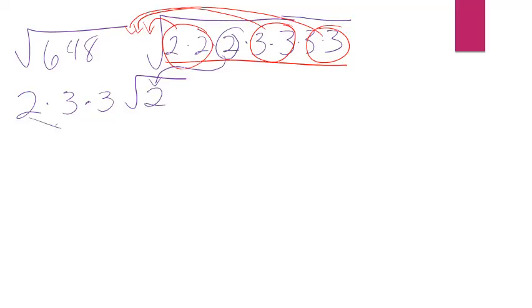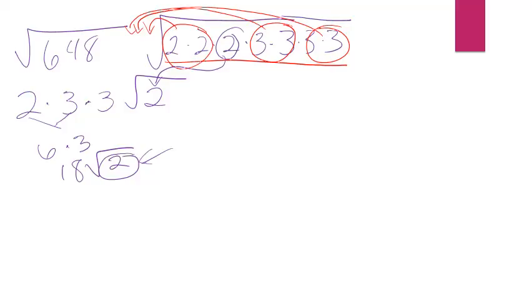So when we multiply this, we have 6 times 3, which is 18, times the square root of 2. It's now as simplified as it can get because there is not a perfect square to 2. When you get it down to where the numbers inside the radical sign are prime, then you know you're done.